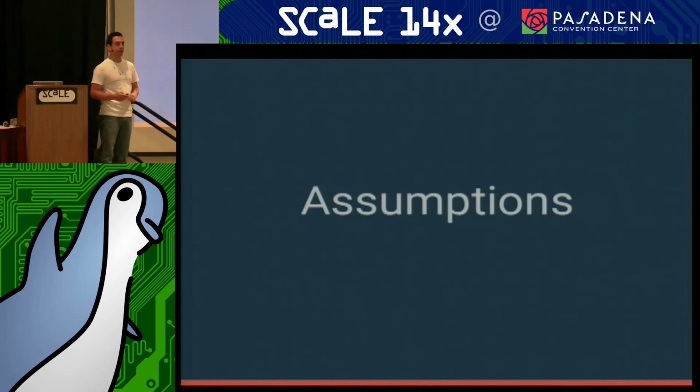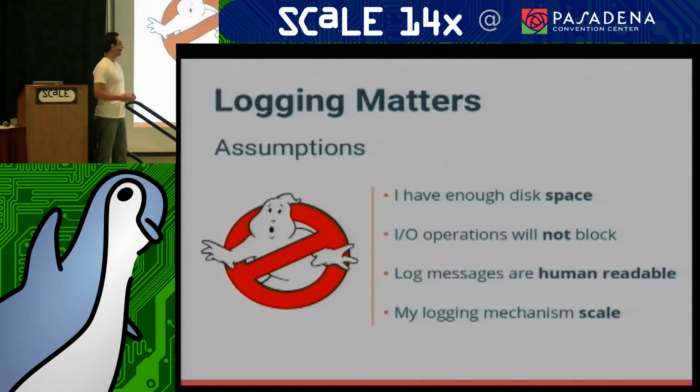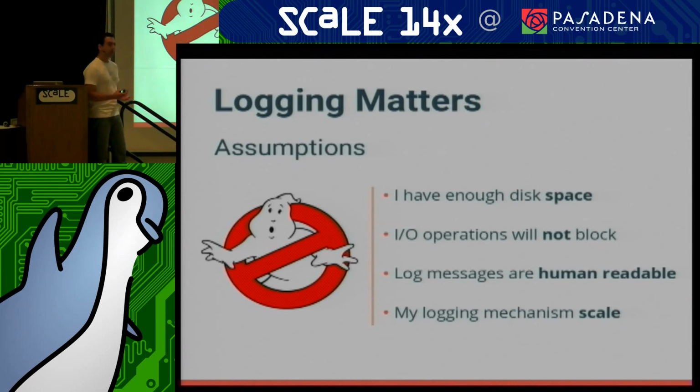There are a few assumptions that, first of all, we need to start working on. When we start doing logging, we usually do it on the file system. And everybody says, let's do some logging here on this path. I have enough space, right? Your hard disk will never be full. You got it. It happens to you.